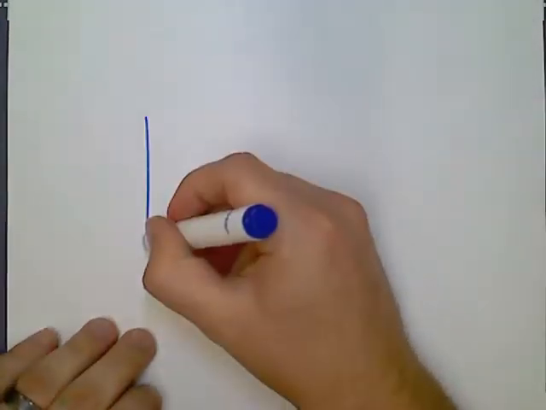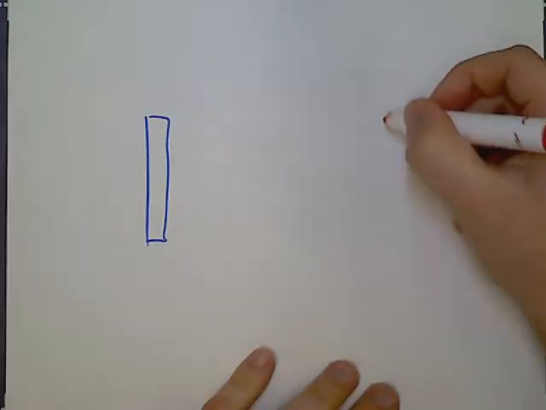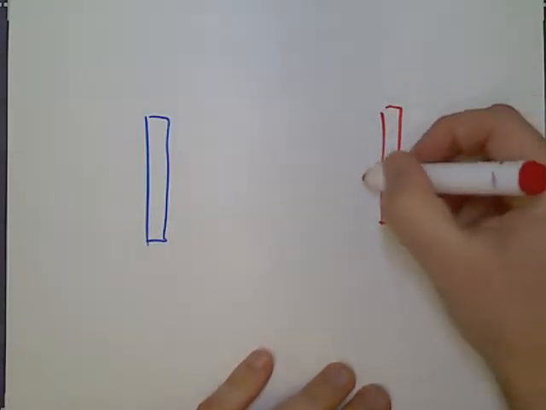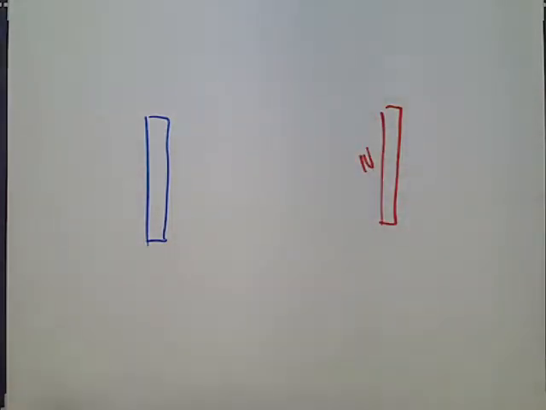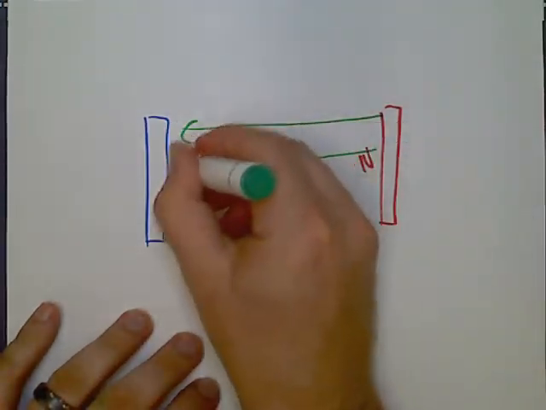Well, we can go a step further now, and start to look at these situations with flux density involved. We're going to use the same situation as before. We've got our 2 magnets, our north, our south, and our magnetic field lines.